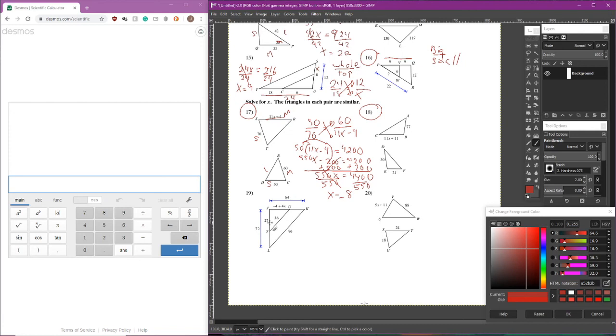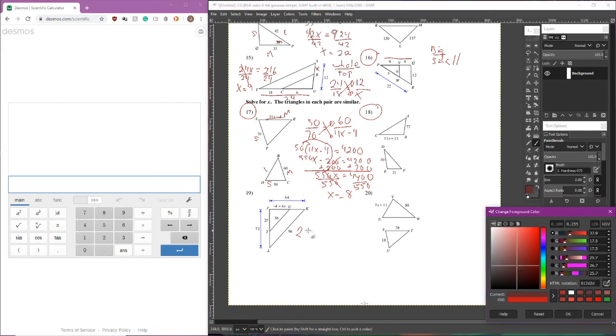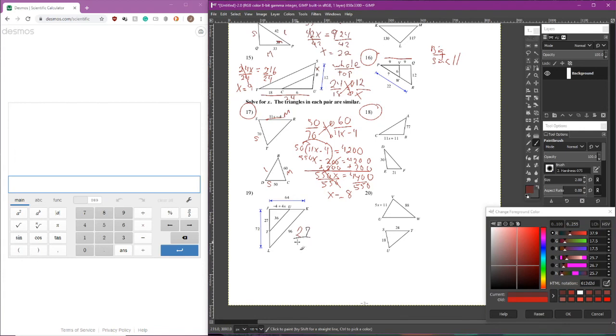So I can set up 27 over 72 and say that it's going to equal, I use the little triangle first, the 27 is on top, so I'm going to use this, negative 4 plus 4x over 64. And then, just like the opposite of the problem that we just worked, we're cross multiplying.